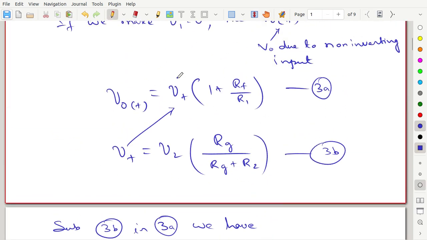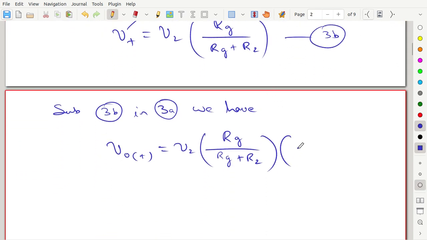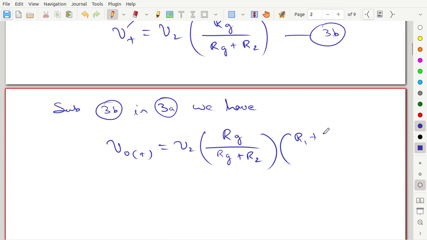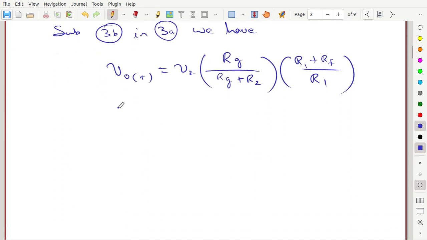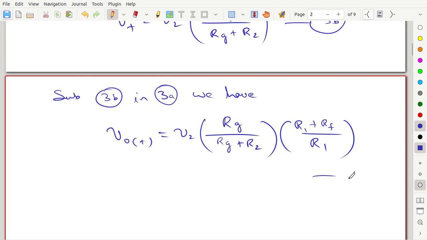This is the V plus, and we have a remaining term, which is 1 plus RF by R1, or let me write it in full form: R1 plus Rf divided by R1. So this is equation 4.